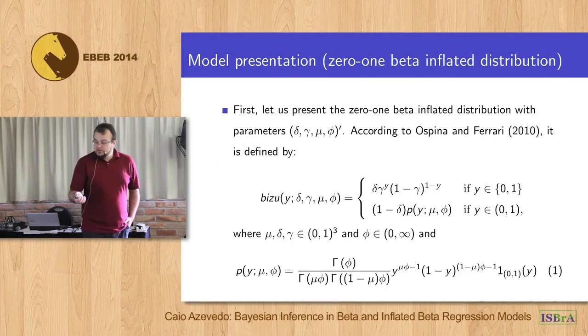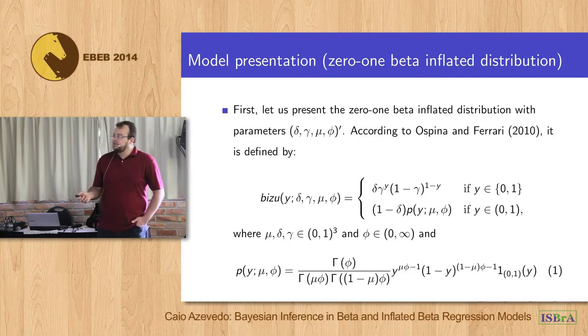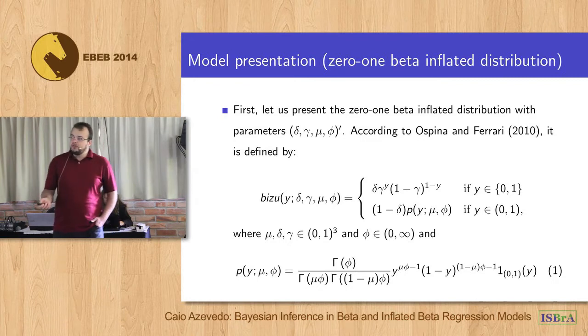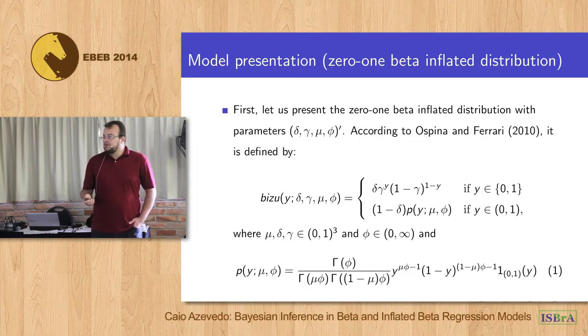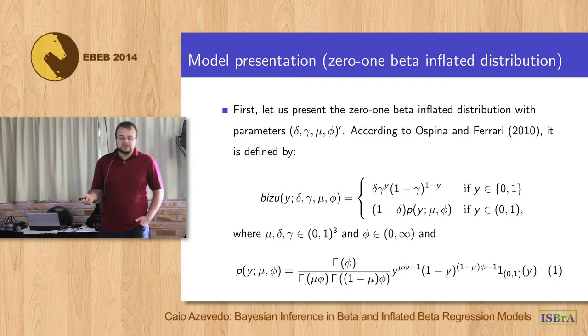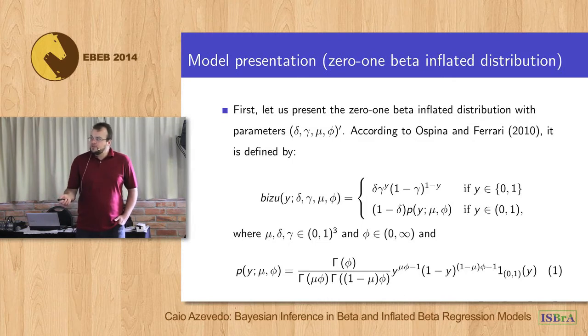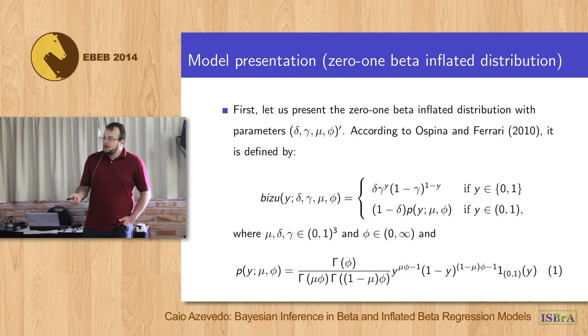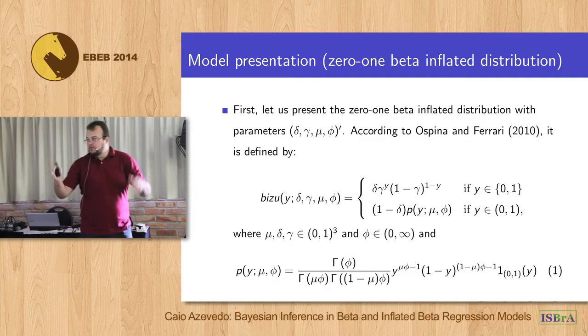Let me show you the model. This distribution was first proposed by Ospina and Ferrari in 2010. We can recognize it as a finite mixture between a Bernoulli distribution and a beta distribution. So this probability distribution consists of giving a probability mass to the values 0 and 1, and another probability mass to values within the 0-1 interval, not considering the extremes of this interval.